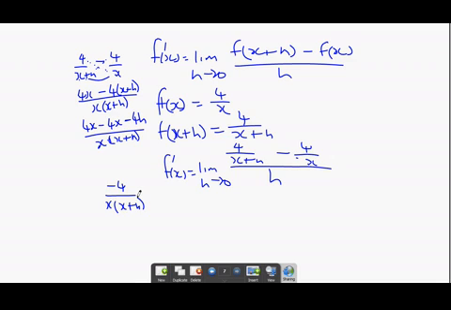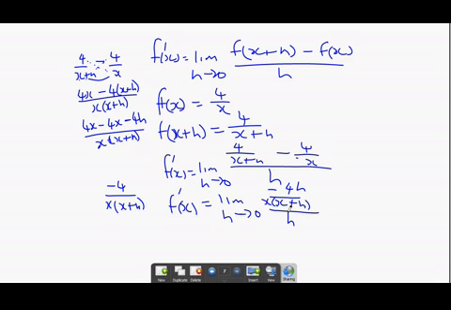So we can substitute that into the function formula now. f'(x) is equal to the limit as h goes to 0. Now on top, we've got minus 4h over x bracket x plus h, divided by h.